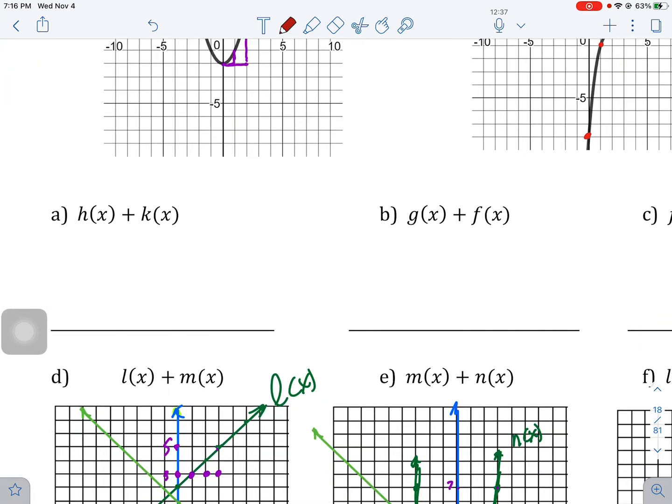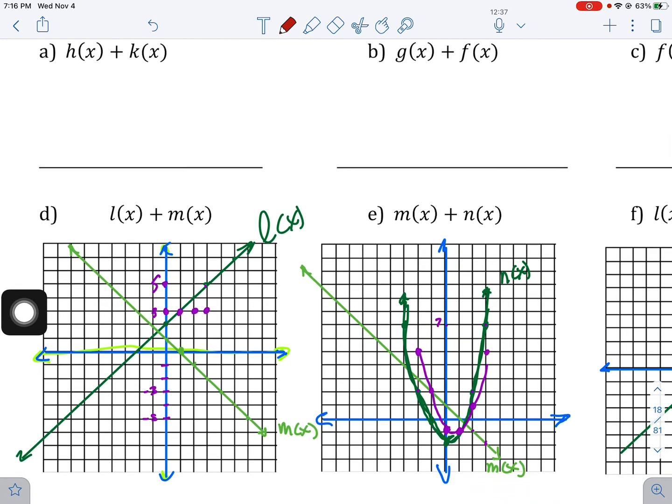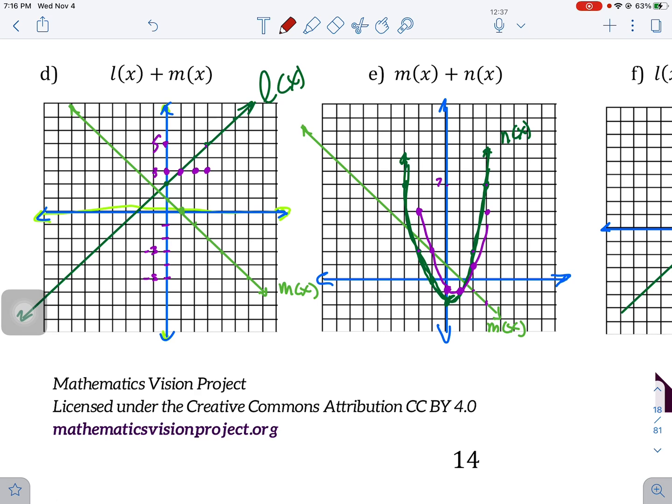And I'm not going to go through the addition for these, but I do think that some of the graphical stuff's interesting. So we'll take a look at this. If you're adding two graphical functions here, you can see I've done a few points already, but let's say I want to add at this x value, I want to add this point and this point. So really, I've got 6 plus negative 3 equals 3.